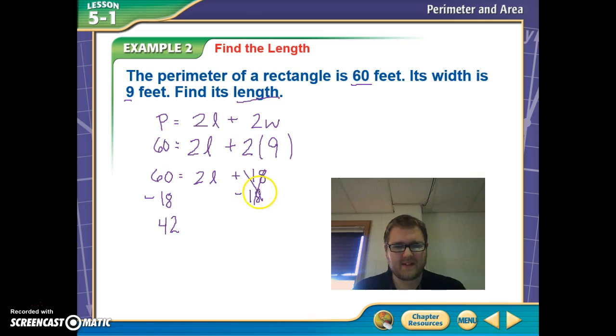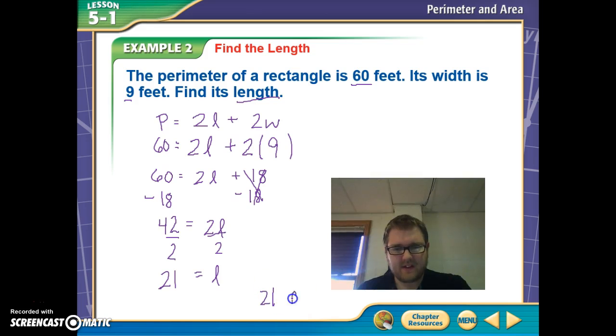We get 18 minus 18, which is 0 on the right side, plus 2L. So now this L, something multiplied by 2 equals 42. So let's figure out what half of 42 is by dividing both sides by 2. We're going to get 21 equals L. So the length of my rectangle is 21.